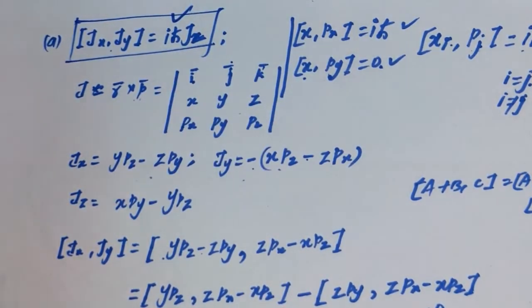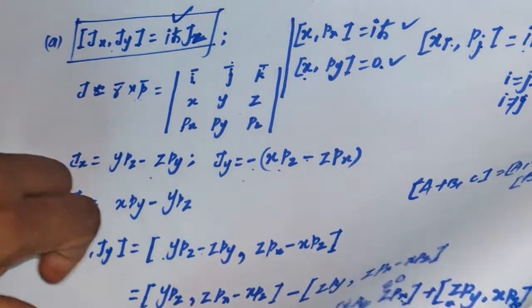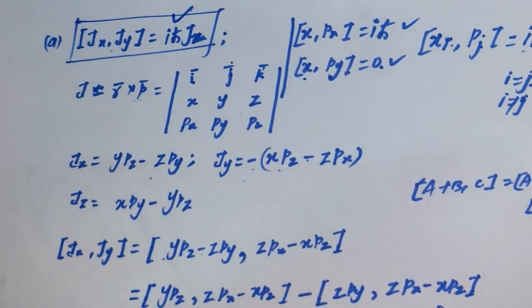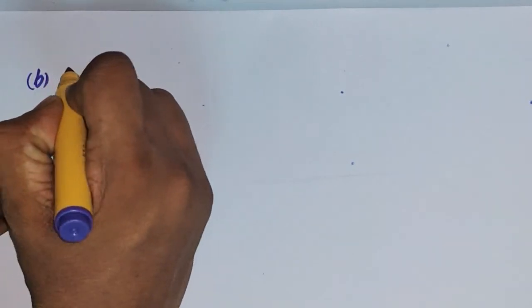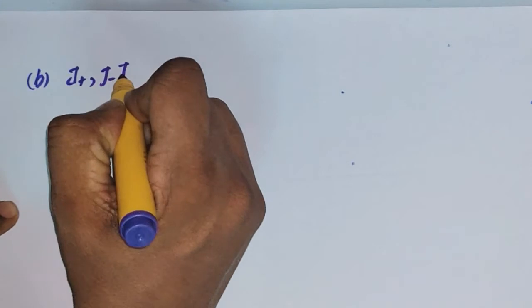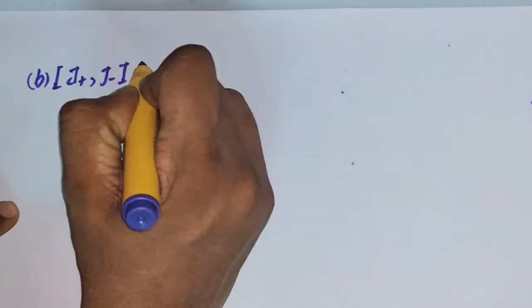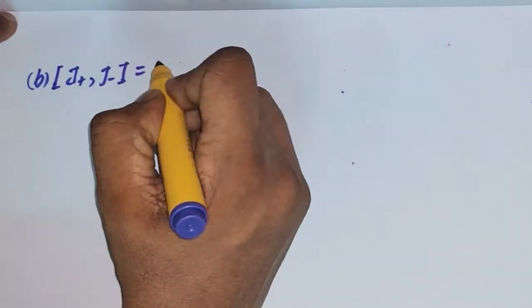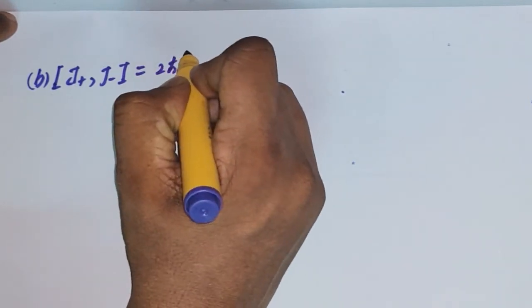Now we are going to look at part b, [j+, j−], whether it is true. In the question they have given the commutation [j+, j−], these two quantities, equal to 2 h-bar jz.